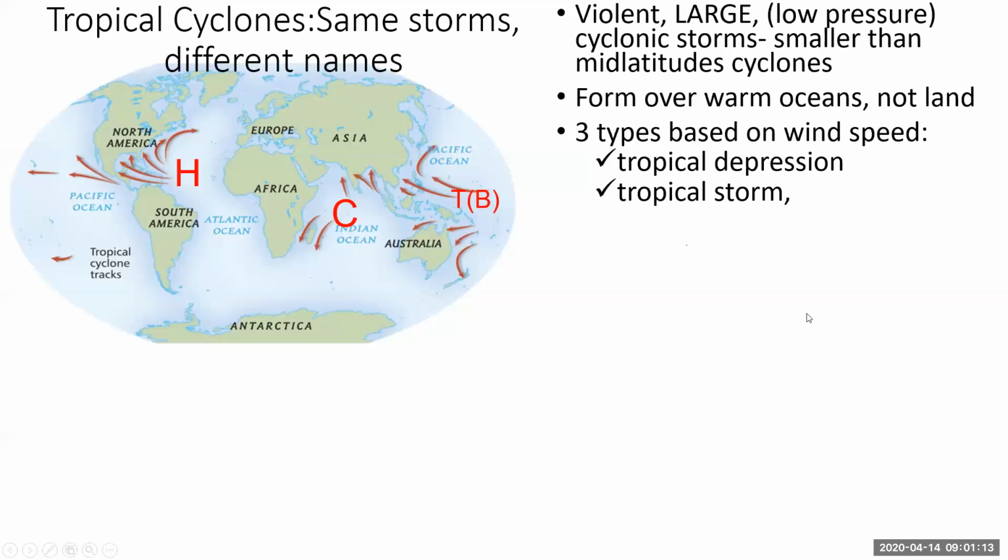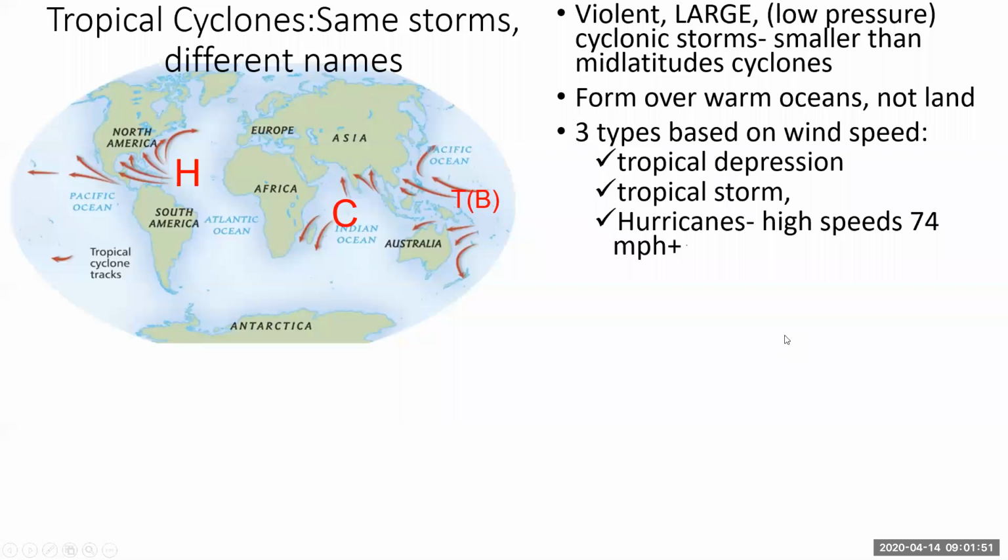They pick up speed and become a tropical storm. A tropical depression usually has winds of about 30 miles per hour, 61 kilometers. A tropical storm goes from 63 kilometers, 73 miles or so. But once they hit 74 miles or 119 kilometers per hour, then that's officially a hurricane.